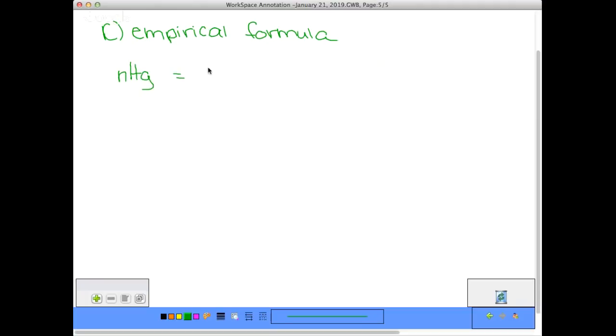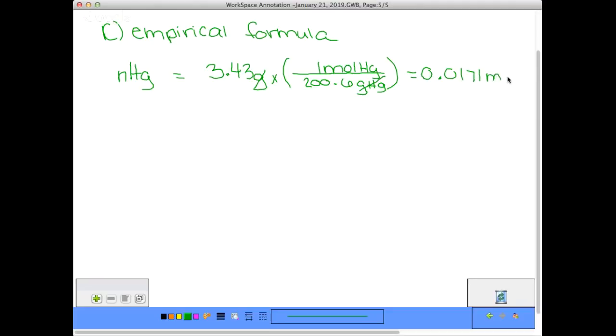I'm going to take my mass of mercury, 3.43 grams, and multiply it by the molar mass of mercury. According to the periodic table I'm looking at, that is 200.6 grams of mercury per 1 mole of mercury. My units cancel out, and I get 0.0171 moles of mercury.